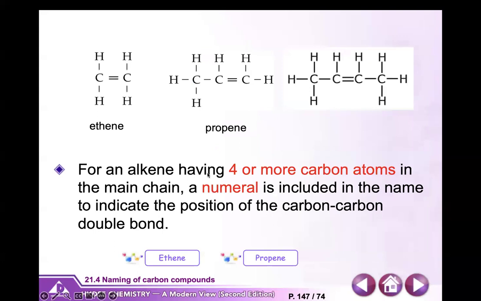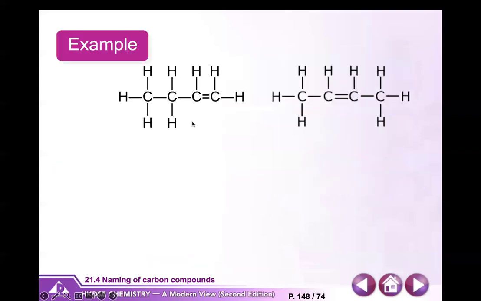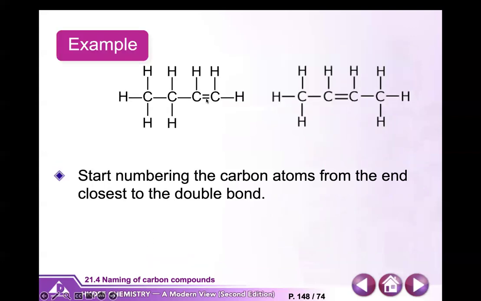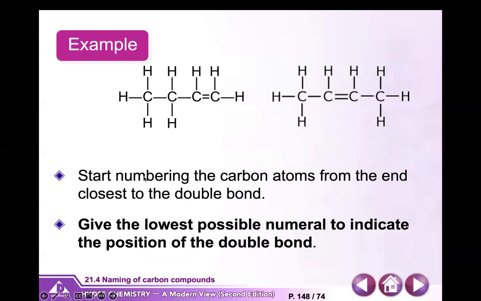So, for an alkene having 4 or more carbon atoms in the main chain, a numeral will be given in the name to indicate the position of the carbon-carbon double bond. For example, for this one, it is but-2-ene, because in fact there may also be but-1-ene. So when we label this one as but-2-ene, this one will be but-1-ene.